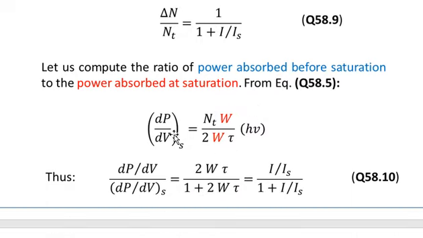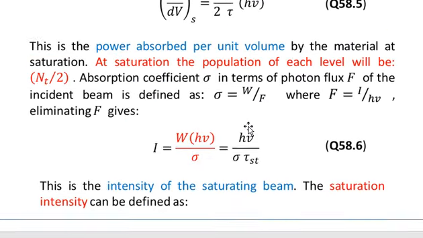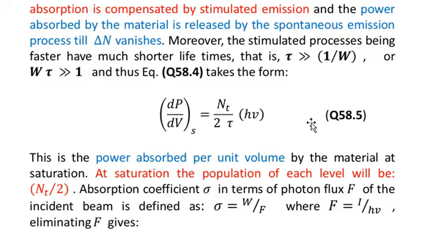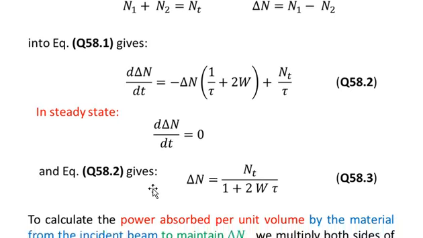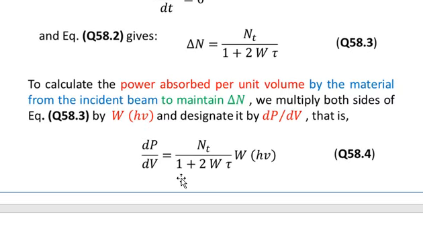To that quantity we have multiplied by W in the numerator and divided by W in the denominator, so that the right hand side stays the same, as shown in equation number 5. The other quantity that we are concerned with is dP over dV from equation number 4. So we are now going to evaluate the ratio of dP over dV, the power absorbed per unit volume, to the power absorbed at saturation.